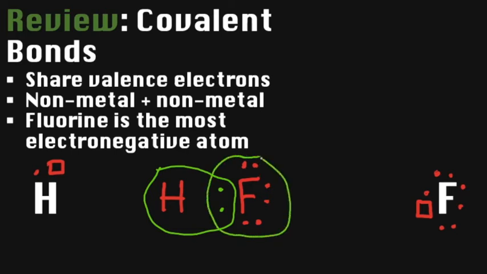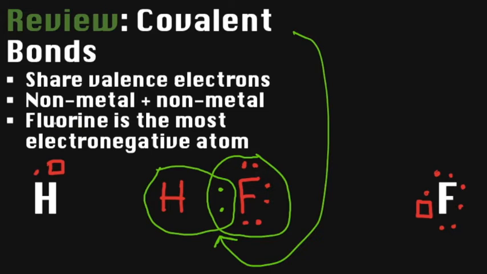Fluorine now has 8, because if we count the valence electrons within fluorine, it has 8. Hydrogen has 2. Both of them are happy, and they've done it by sharing these electrons. Now, when they share these electrons right here, that is what's known as a covalent bond. So the fact that they are sharing these 2 electrons forms a bond between them, known as a covalent bond.